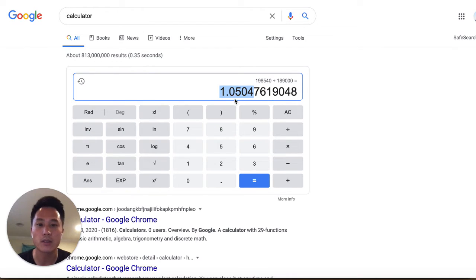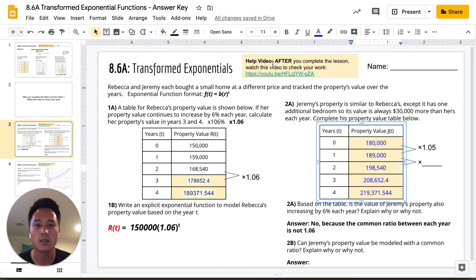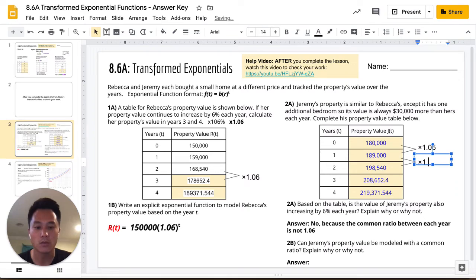So I'm just going to round this to the nearest ten-thousandths place. So 1.0505.